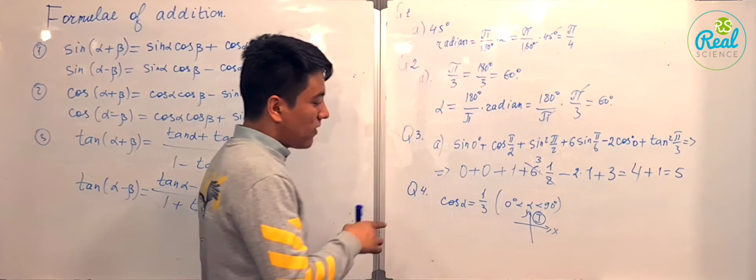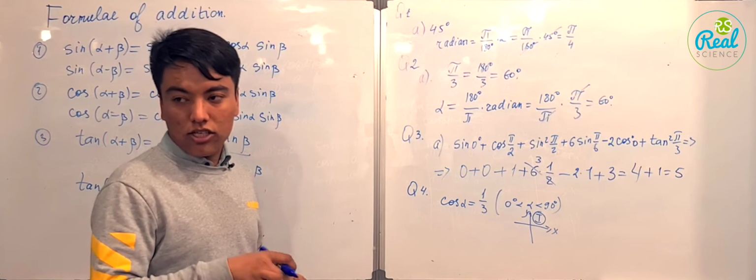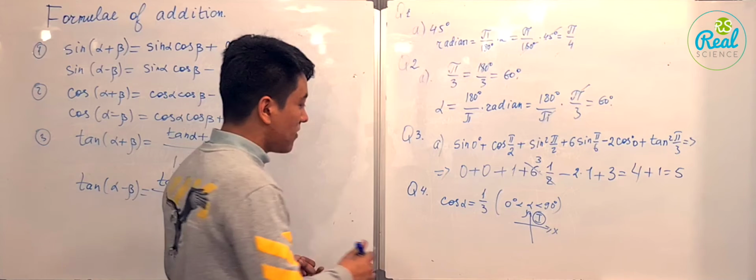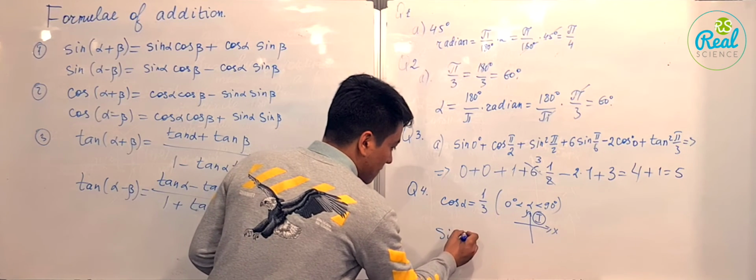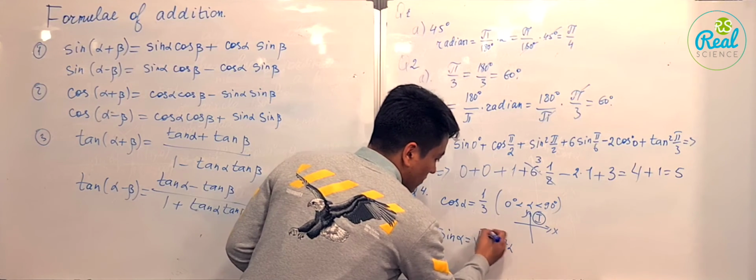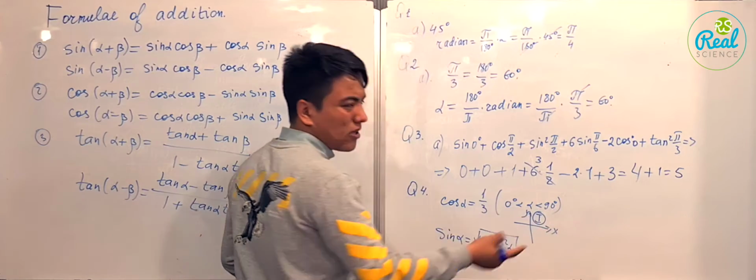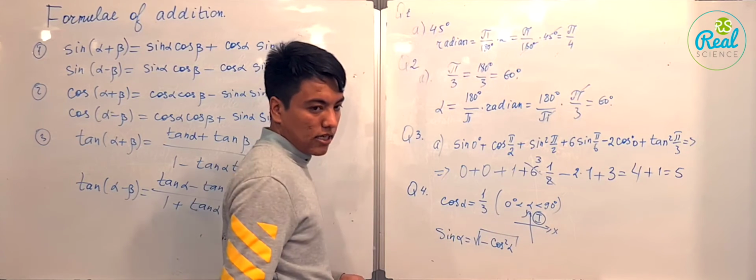So we must find the other trigonometric functions: sine, tangent, cotangent. To find sine, it's the square root of 1 minus cosine square alpha. But in the first plane it's positive, so we don't need to put any sign.